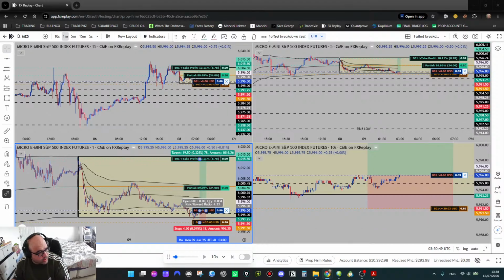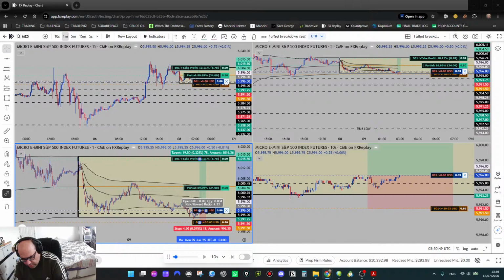So pre-trade, market is attempting an imbalance up continuation after a recent failed breakdown at 59.65.